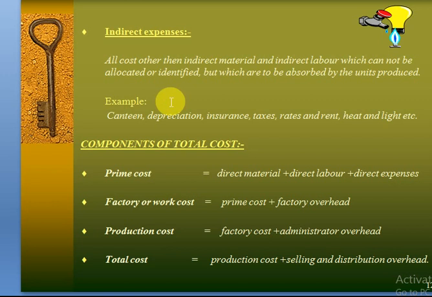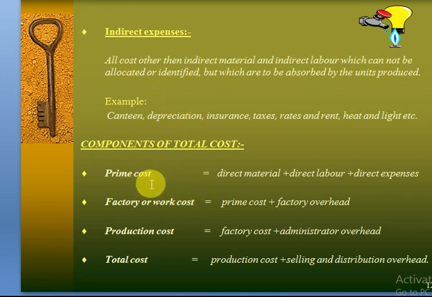For example, canteen depreciation, if we have a manufacturing unit and over there is a canteen. Depreciation, insurance, taxes, rents, heat, power, lights, etc. So these are called indirect expenses, indirect cost.